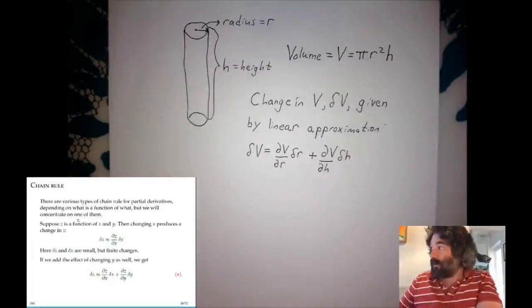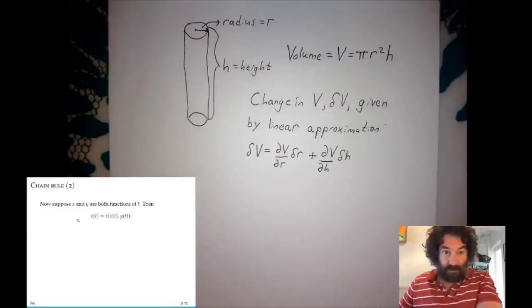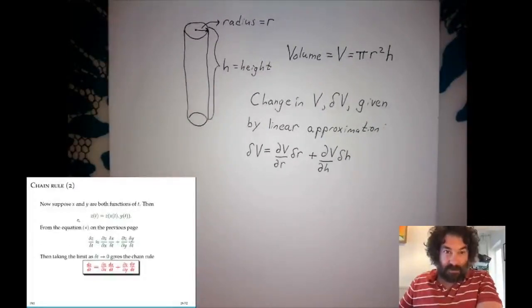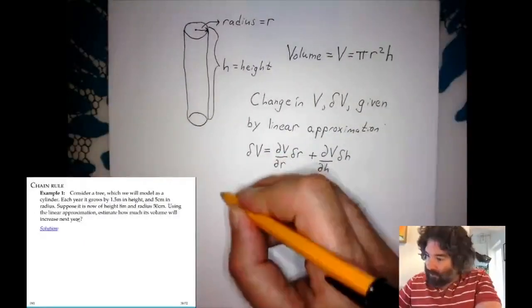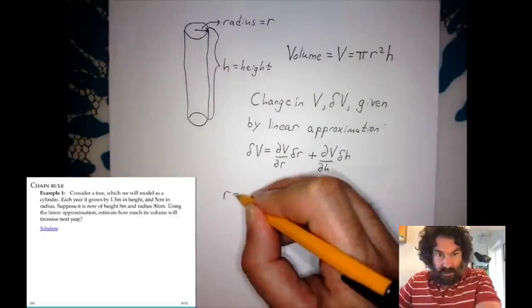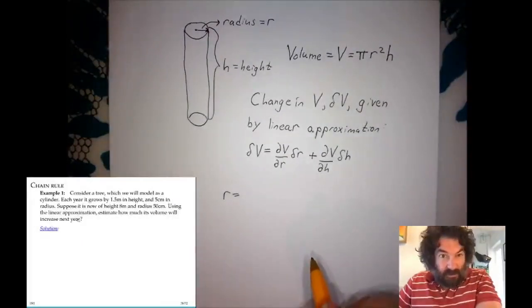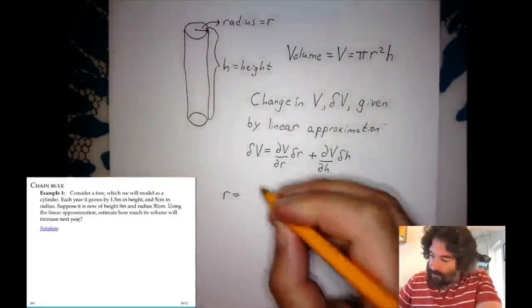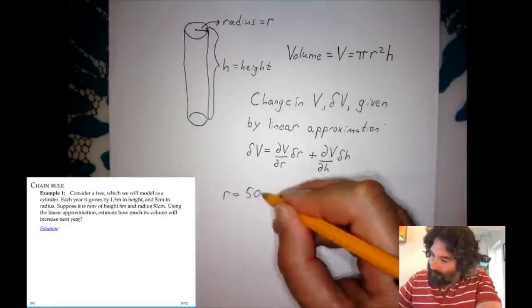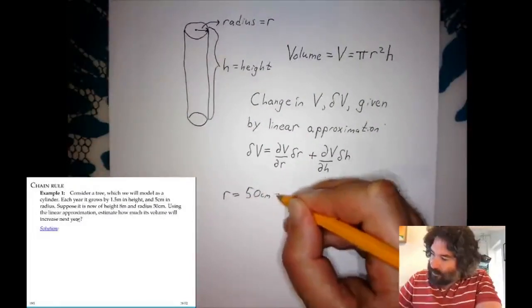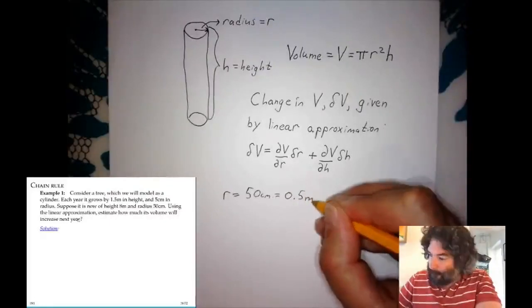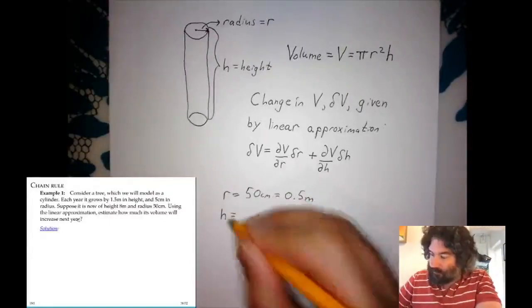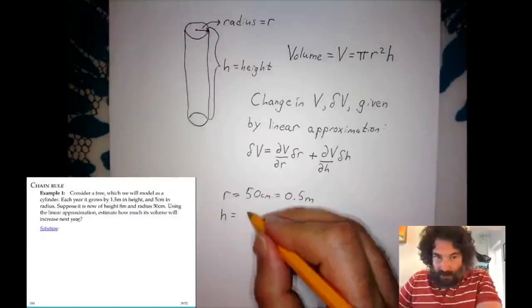And well, in the example, we have quantities for each of these things: the radius, the height, and the changes in the radius and the height. And so the radius is 50 centimeters. Let's write things in meters, so 0.5 meters. The height is 8 meters.